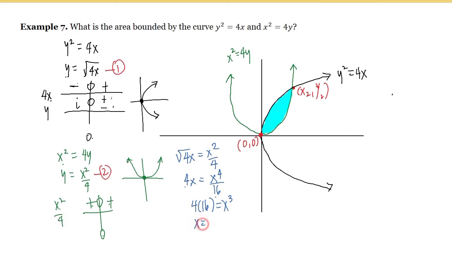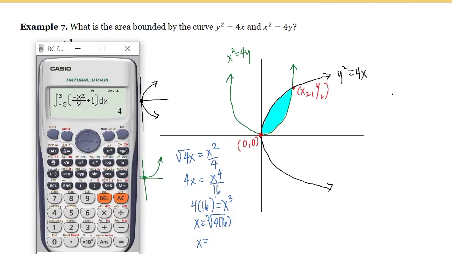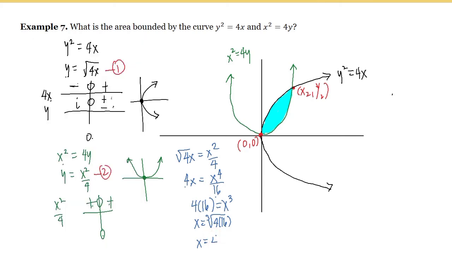So, our x is equal to the cube root of 4 times 16 in order for us to find the value of the x. So, we have here the cube root of 4 times 16, and that is equal to 4. So our answer here is 4.